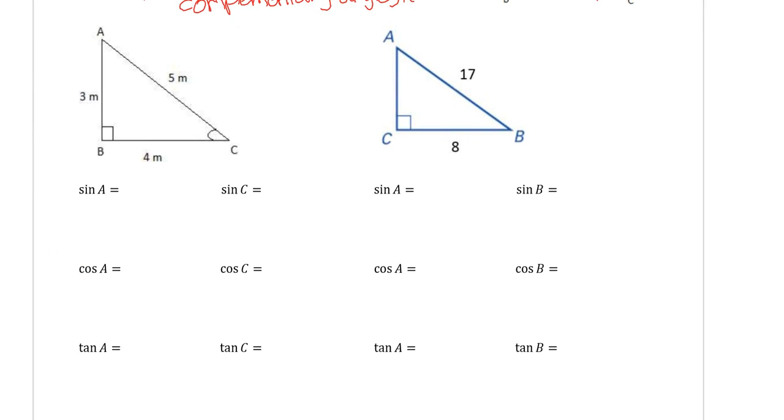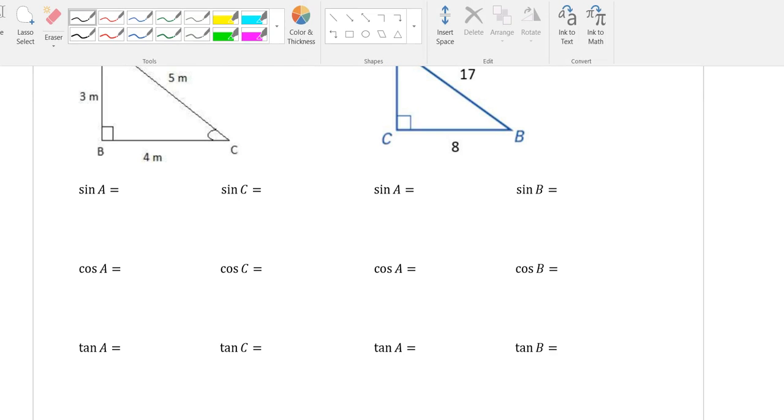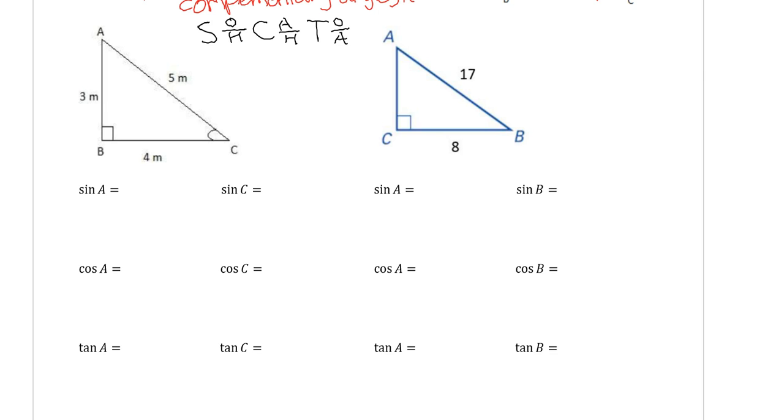Okay? So, we're still doing trig, so we're still going to use SOHCAHTOA. So looking at our first one, I want to find the sine, cosine, and tangent of A, the sine, cosine, and tangent of C. I'm going to start with the sine, cosine, and tangent of A. So across from our right angle is our hypotenuse.